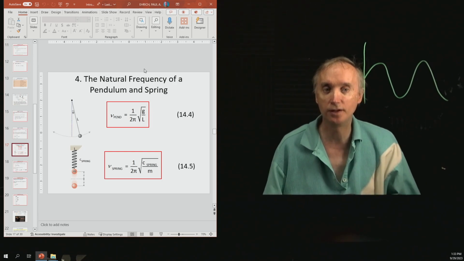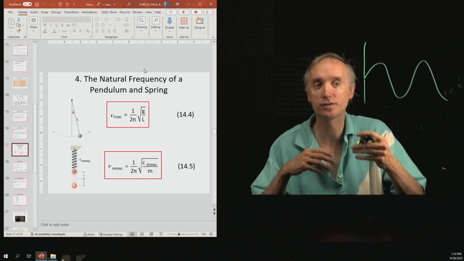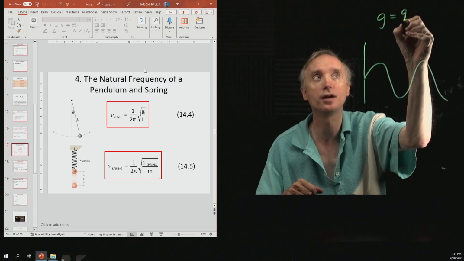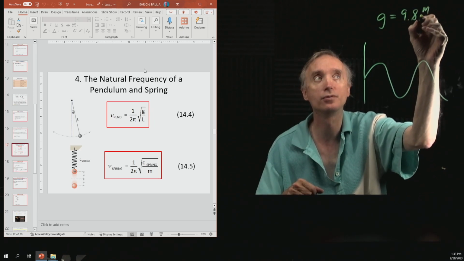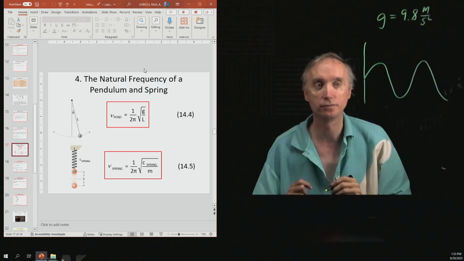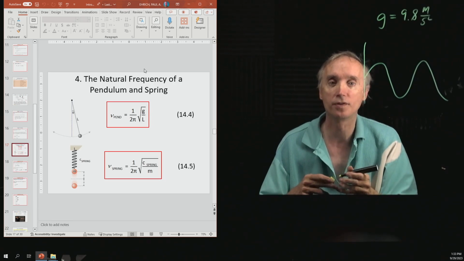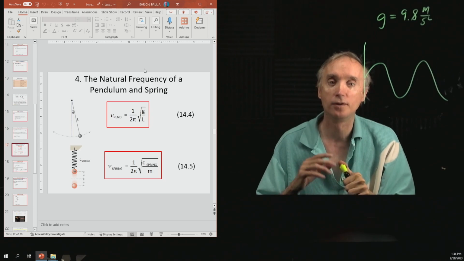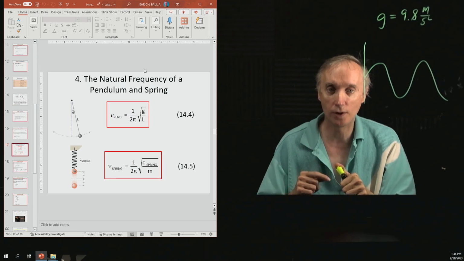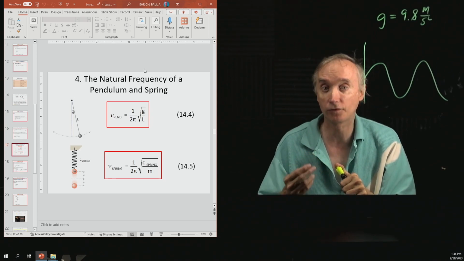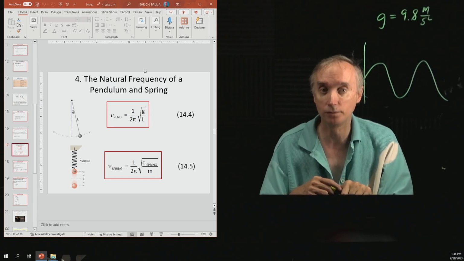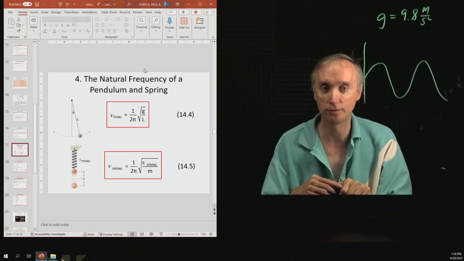So g is a fundamental constant to Earth, and it's going to be equal to 9.8 meters per second squared. Okay, so that's what the little g is. So practice this at home, being able to solve that equation either for the frequency, or I might have you solve it for the letter L. So make sure you can do the algebra on it.